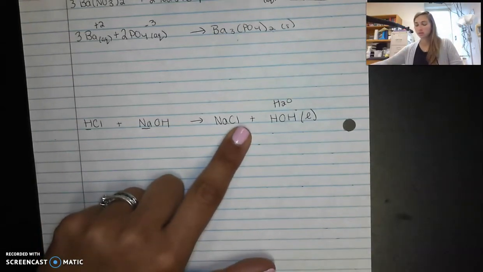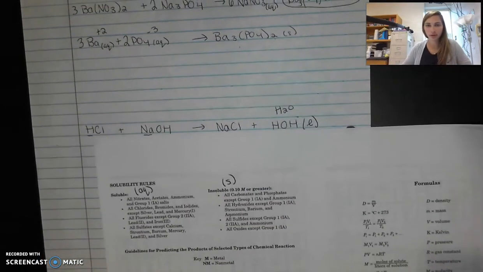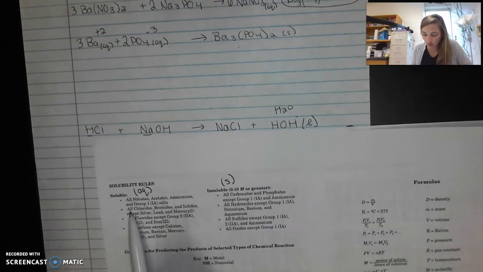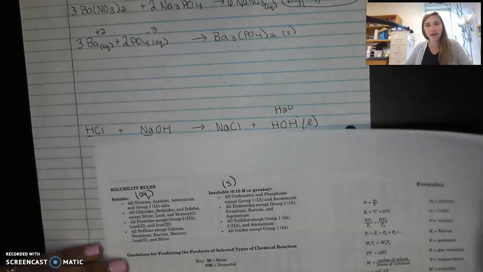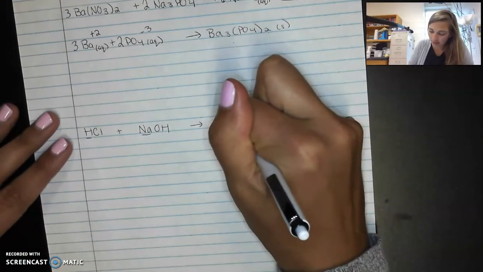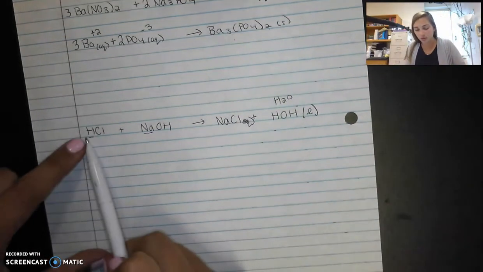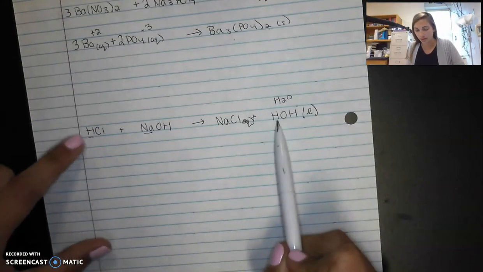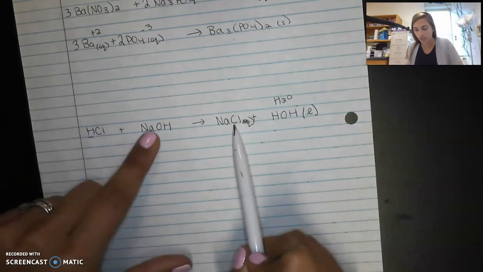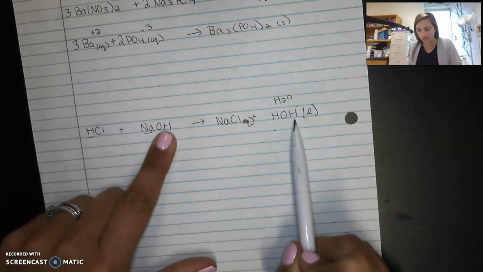Now, here I have a chloride. So I look up chlorides, and it says all chlorides, bromides, and iodides are soluble except when paired with silver, lead, and mercury. We don't have any of those exceptions here, so we have aqueous. All right, this reaction is already balanced because we have 1 hydrogen, 1 hydrogen, 1 chlorine, 1 chlorine, 1 sodium, 1 sodium, 1 hydroxide, 1 hydroxide.